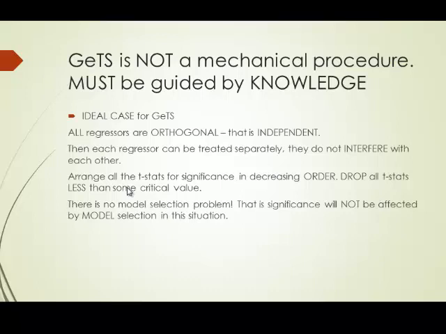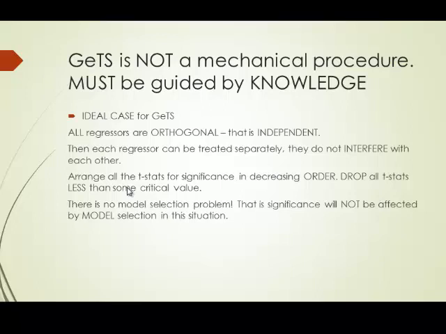So if we start by taking orthogonal regressors, then you can treat each regressor separately. So if I take 60 regressors and they're all orthogonal, then I can drop all of the insignificant ones and keep all the significant ones, and it doesn't suffer from the standard sequential model search problem which arises when you do things by stepwise regression.